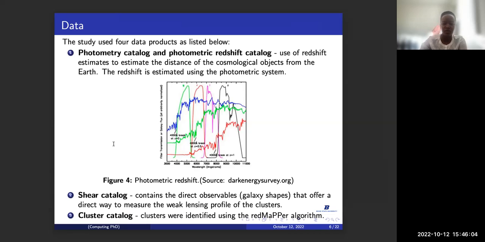The clarity of the images being taken, it's not easy to tell if what you're observing is two galaxies overlapping or just one. Although there are some studies going on to try to identify this when converting the image data to tabular data, to tell if two galaxies are overlapping or not.